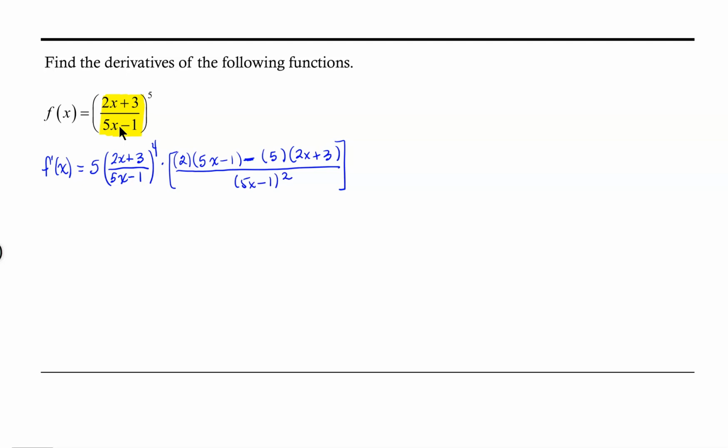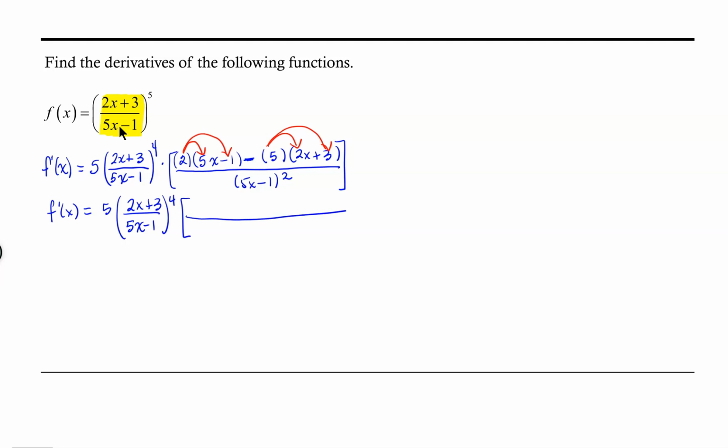So at this point, we're going to go ahead and distribute within that quotient rule. So this 2 times the 5x and the minus 1, and this minus 5 times the 2x and the minus 5 times the 3. So we end up with our derivative f prime of x being 5 times (2x plus 3 over 5x minus 1) to the fourth power.